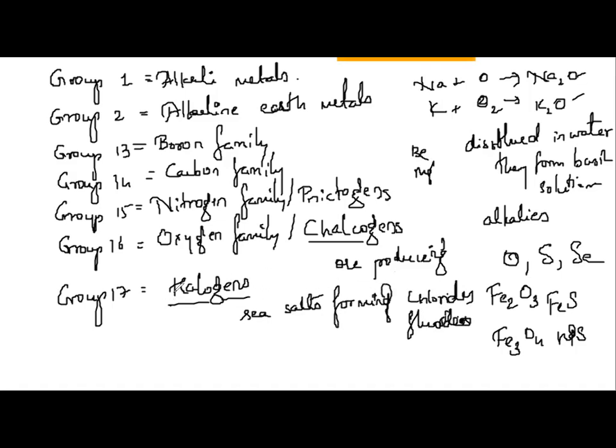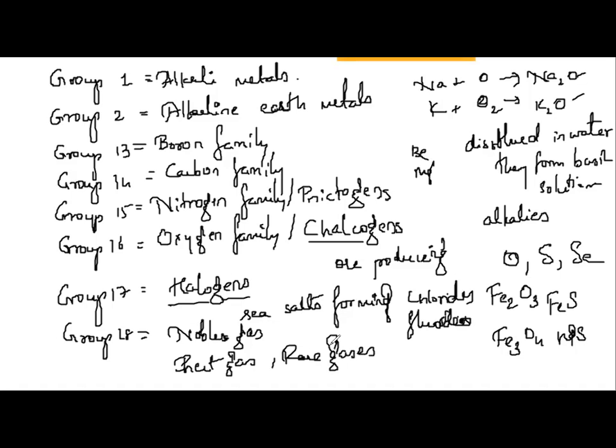And you know group 18 elements are called noble gases, or inert gases because of their inert, stable behavior, or they were called rare gases because of less abundance in the earth's crust. Rare gases, okay. If you say rare metals, they are different again.